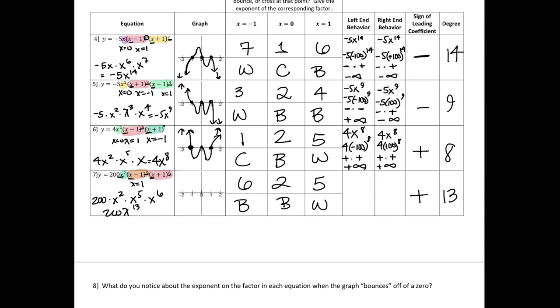And then checking the end behavior, when I plug in a negative 100, I have a positive times a negative, giving me negative infinity. When I have a positive 100, I have a positive 200 times a really big positive number. So the end behavior there would be positive infinity.